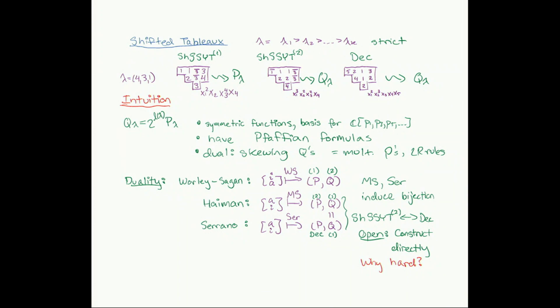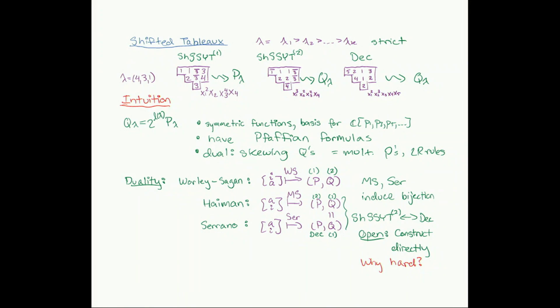These symmetric functions are combinatorially nice, like Schur functions. They're also algebraically nice, like Schur functions. They have Pfaffian formulas. A Pfaffian is sort of like the determinant of a skew-symmetric matrix. And they exhibit a similar sort of duality, except with a modification. Anna's Littlewood-Richardson rule was really not a product rule, it was a skewing rule: you took a shape, cut out part of it, and then had some conditions.